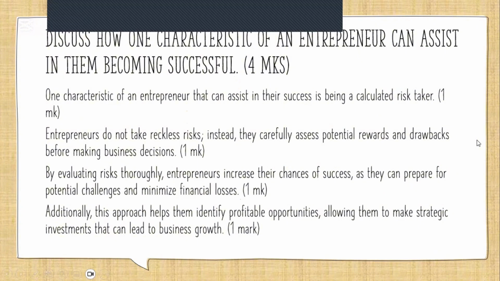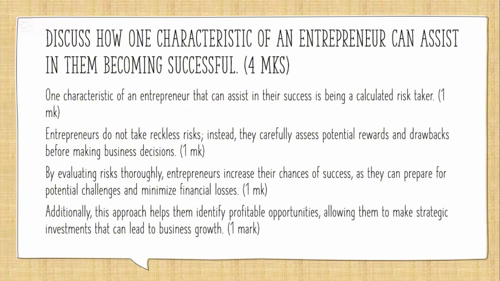In this case, I'm separating the paragraphs into 4 so that you would be able to better see where you are getting the marks. So this question is saying, discuss how 1 characteristic, again we're sticking to it, of an entrepreneur can assist them in becoming successful.